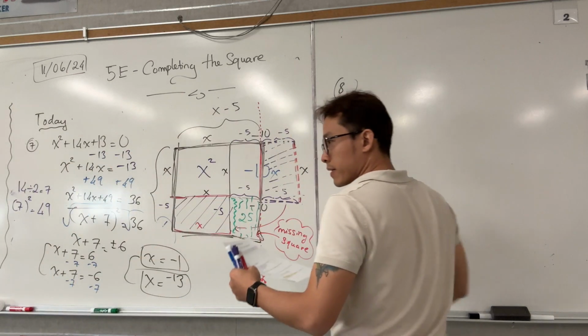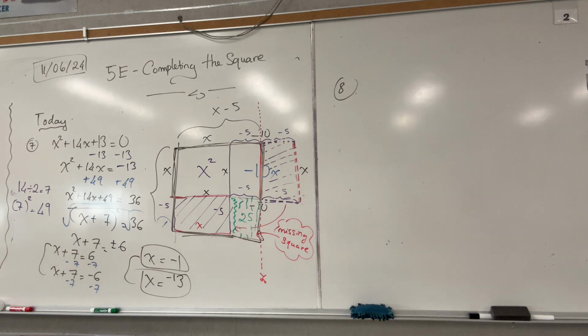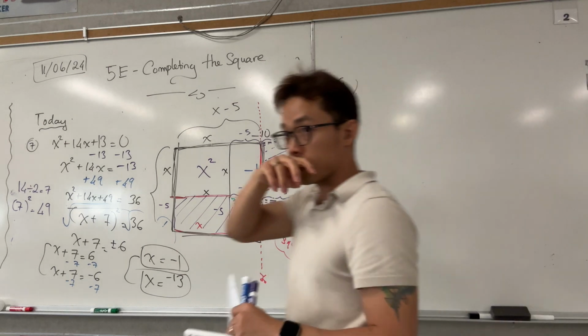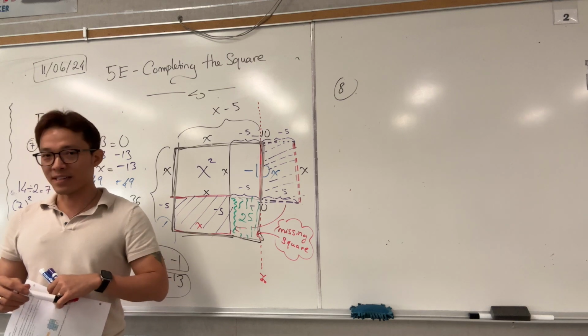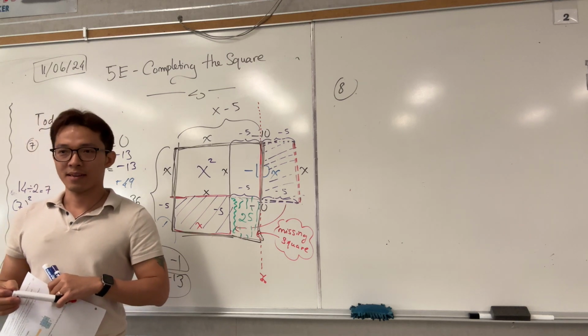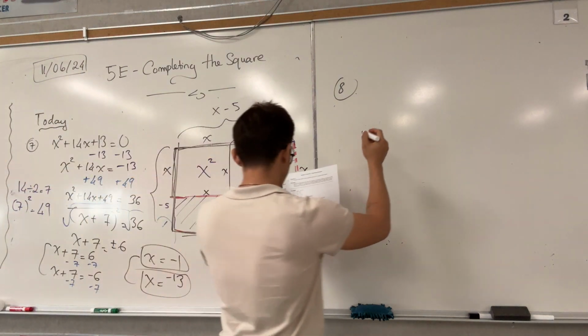I can get some over here. Let me give you more. Okay. I will get more markers. Here. You're running out of markers? An eraser? I'm going to ask for an eraser. Okay. Number 8.